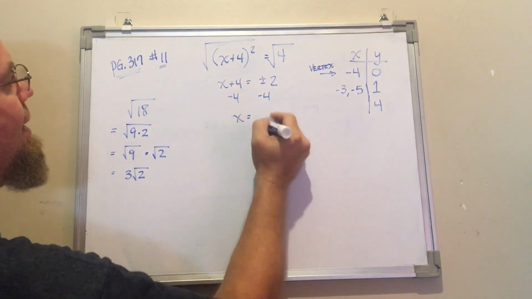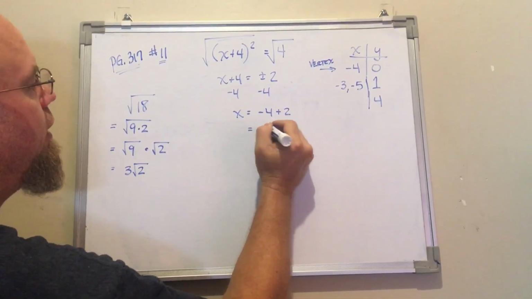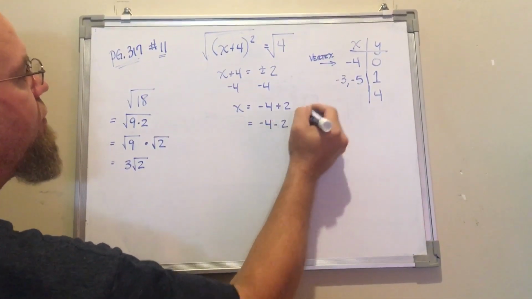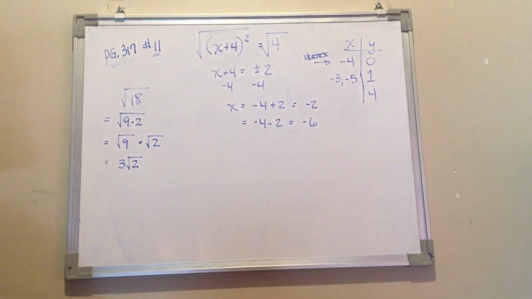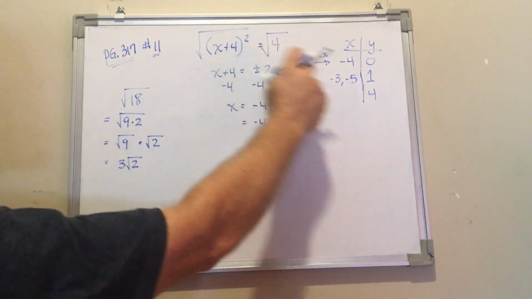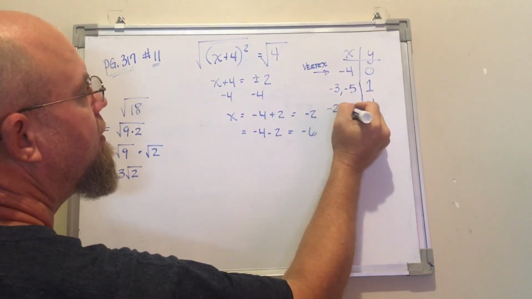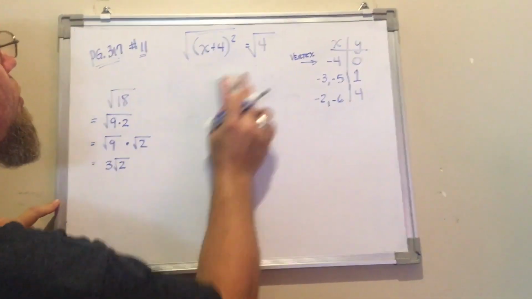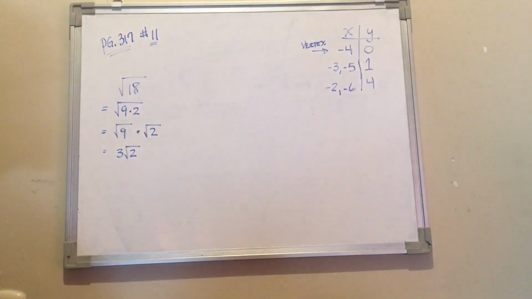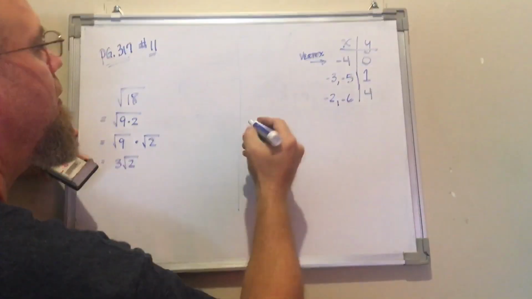So x is going to equal negative 4 plus 2 or negative 4 minus 2. And this is going to equal negative 2 and this is going to equal negative 6. So when y equals 4, x is going to equal negative 2 or negative 6. Okay? So with those values, I can actually plot out or graph my parabola.